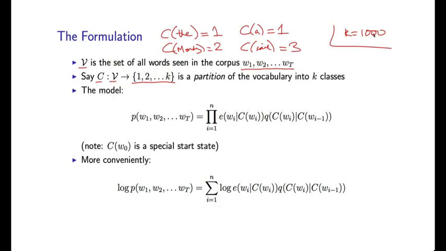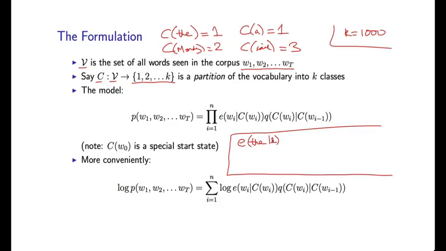So in the Brown model, there are basically two types of parameters, and they look very similar to the types of parameters we would see in a bigram HMM. So firstly, we have emission parameters. So we might, for example, have e of the given 1, which intuitively is the probability of cluster 1 emitting the word the.